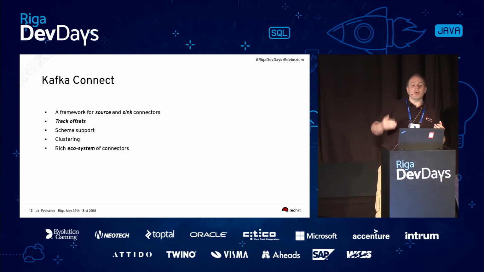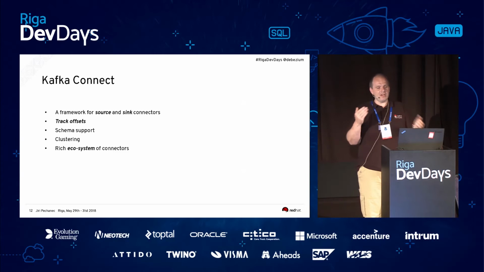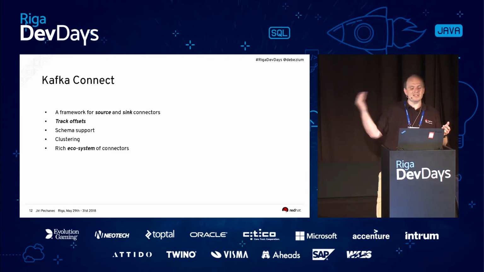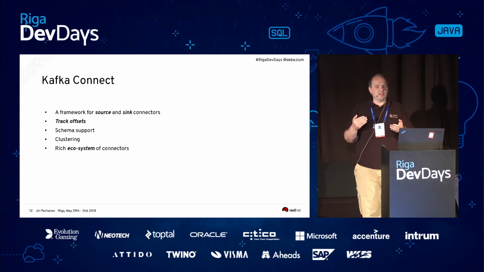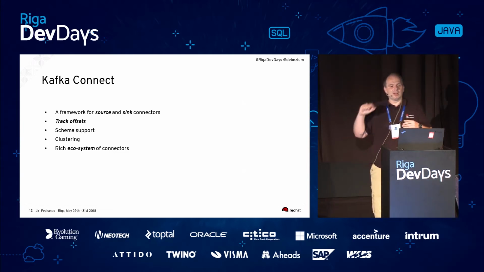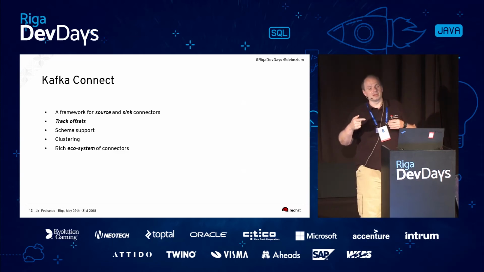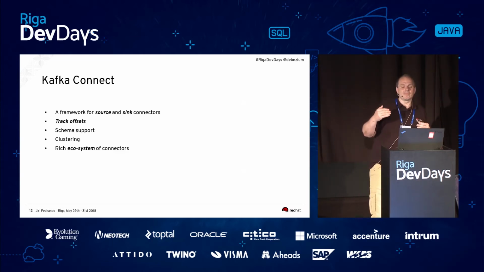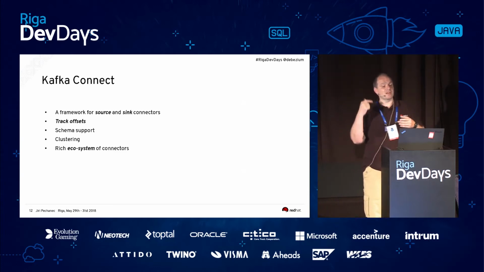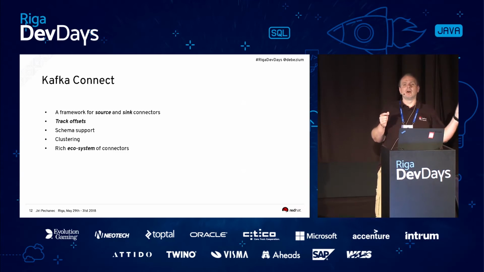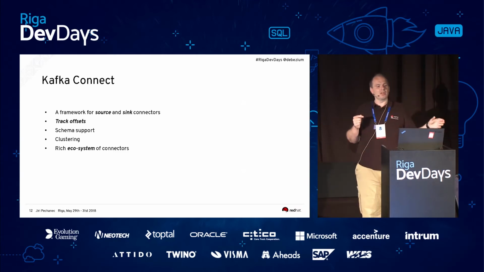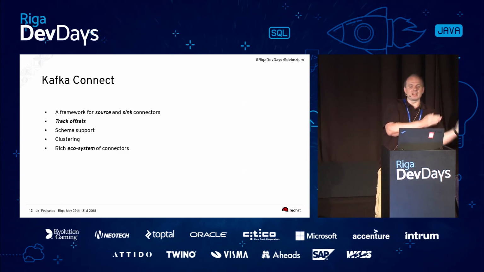Why is it important? In case there is a crash on the Kafka Connect side or our solution side, then when Kafka is restarting the plugin, it will get the most recent offset that it has stored, and you can restart the reading from the proper position in the database log.